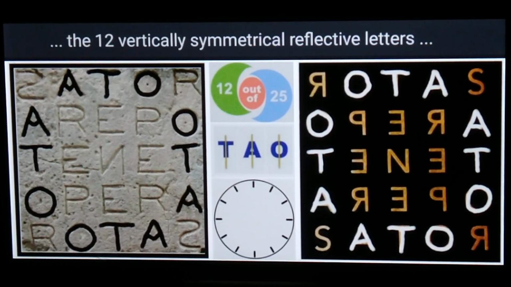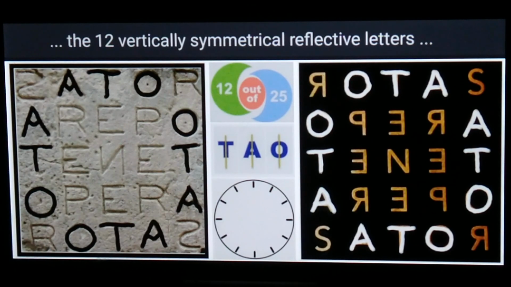And just compare and contrast. Look at the top left. That S is facing backwards. That's the original image. The S is facing backwards in that square found in France, at least according to Wikipedia. Look off to the right. The S is facing forward, where there are a lot of other letters that are facing backwards. Look at the bottom left. The R is facing forward.